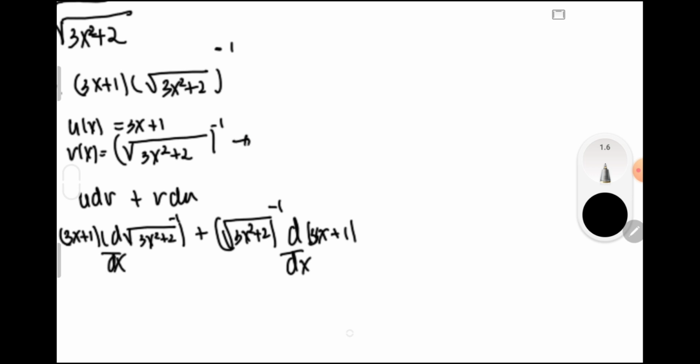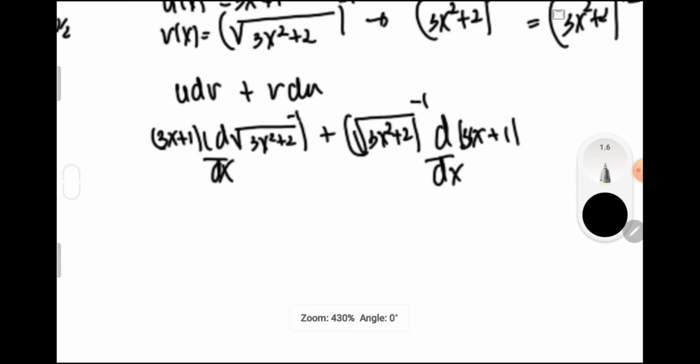Note that this can be written as 3x squared plus 2 raised to 1 half multiplied by negative 1. So we'll have 3x squared plus 2 raised to negative 1 half.